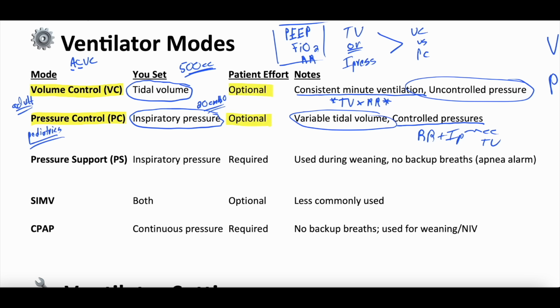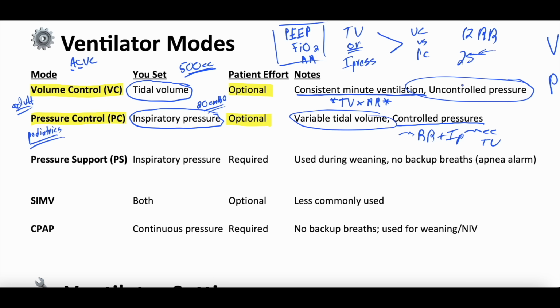All right, patient effort for both of these is optional. You're setting a respiratory rate, so patients can breathe over the ventilator. They can prompt their own breaths, but if they don't, the ventilator will give them the respiratory rate that you're setting. It is assist control though, so they could take more breaths. If you set a respiratory rate of 12, but the patient wants to breathe 25 times, that ventilator will give them the assisted breaths all 25 times.